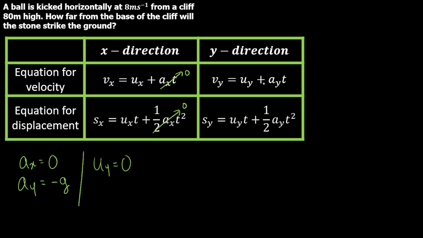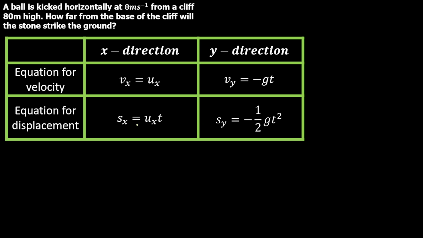And then ay is negative g, so we'll just substitute it in. And then uy is 0 as well. So our equations are simplified tremendously.